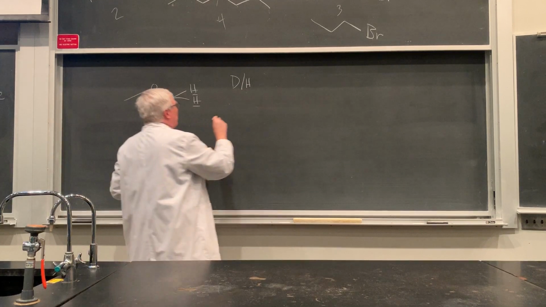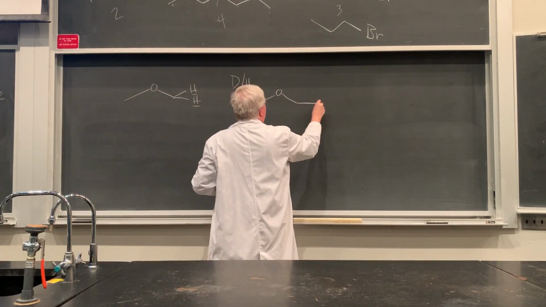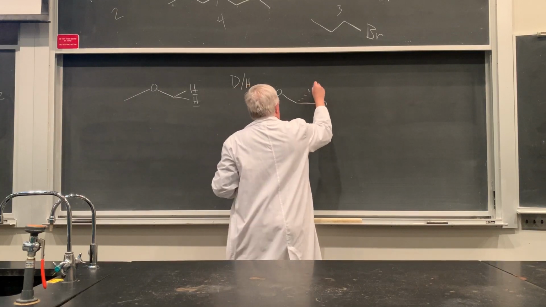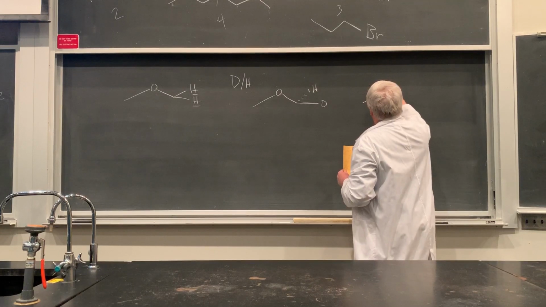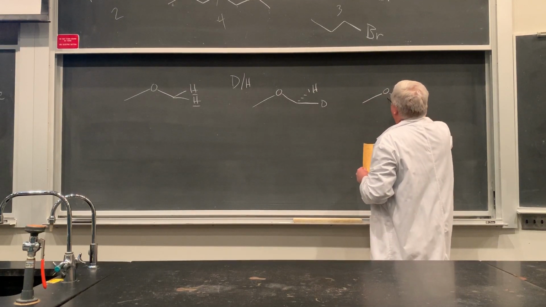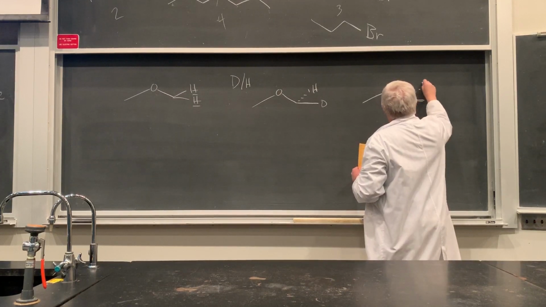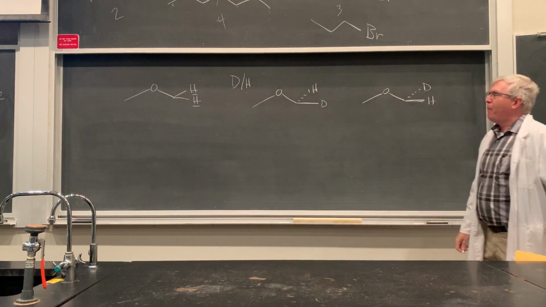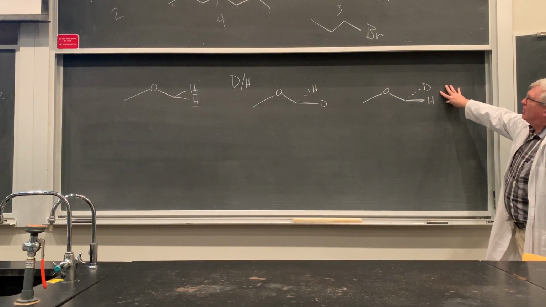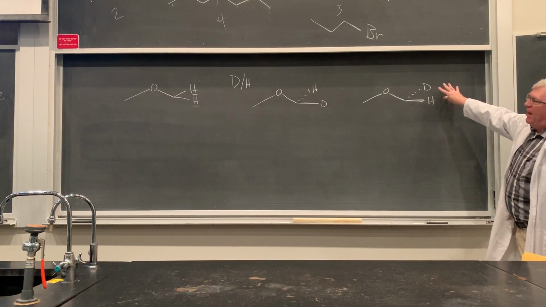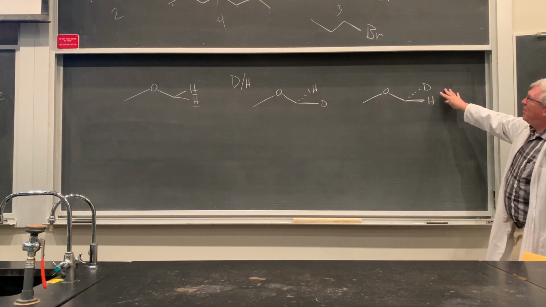If we exchange one of them with deuterium, we get this structure. And let's exchange the other one in a similar fashion here, where we have the one in the back with deuterium on. Okay. Now let's examine these 2 deuterium exchange compounds. And these can be made, but then we compare the 2, and what do we see here?